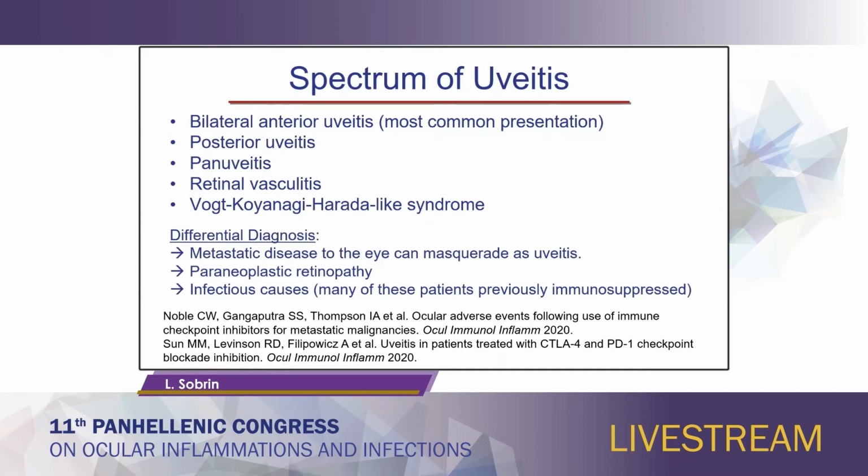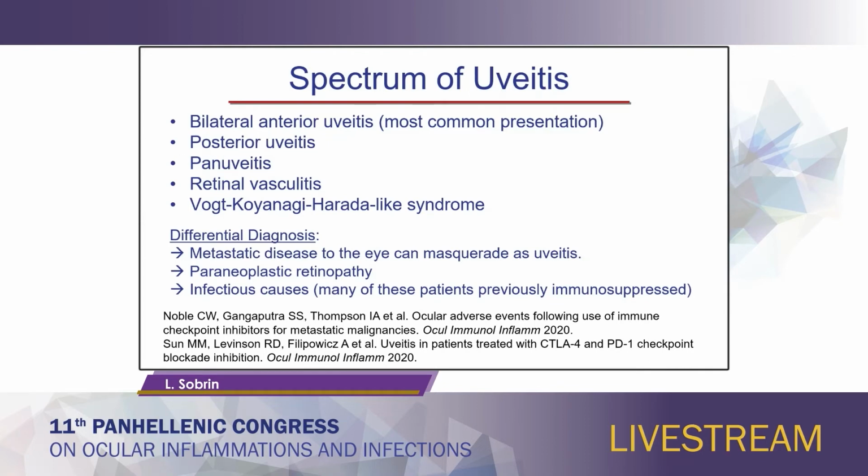It's important when approaching these patients that we broaden the differential diagnosis before jumping to blaming the checkpoint inhibitor. In particular, in these cancer patients, we need to think about metastatic disease, which can rarely masquerade as uveitis in the eye.